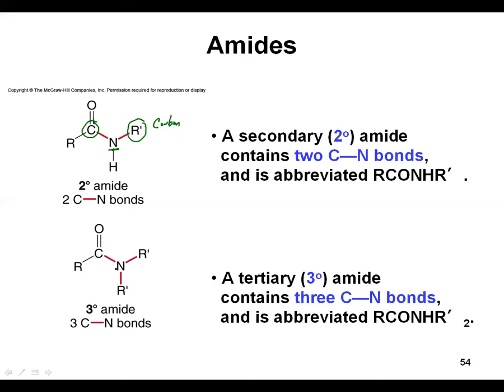So that's two carbons, and that gives you your secondary amide. And lastly, our tertiary: one carbon group there, one carbon, and one carbon gives you three carbon groups, which would be your tertiary amide. So very similar to how we classify everything else in terms of primary, secondary, and tertiary.